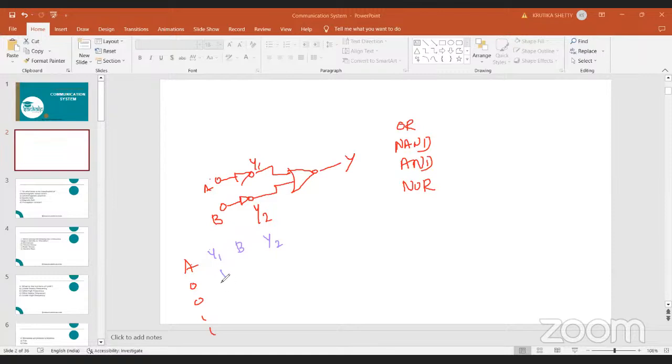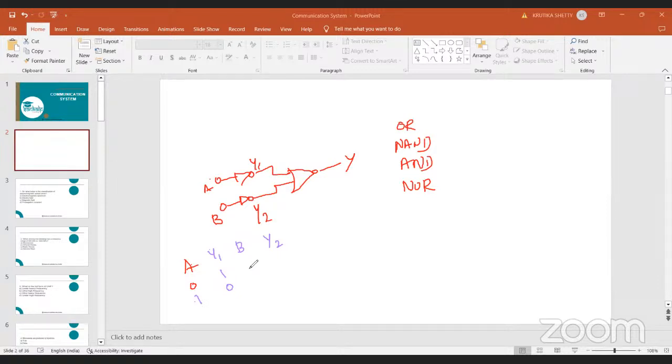Here actually 4 values do not come, we can take only 2 values and that is enough. Here it is 1, then it is 0. Similarly B value: when it is 0 it becomes 1, when it is 1 it becomes 0.